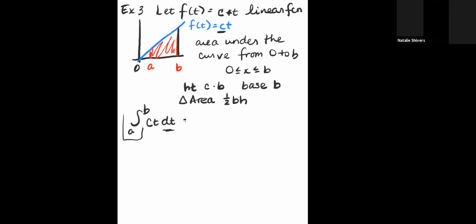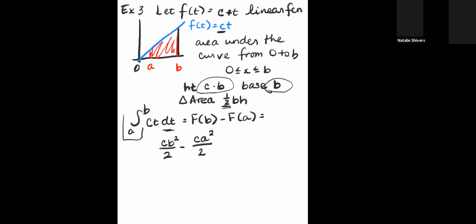Okay, we're still going to have f of B minus f of A equals, okay, so we're going to have CB squared over 2. So we're going to go back to this, CB times B, here's my over 2, minus CA squared over 2, which could be simplified to C times B squared minus A squared over 2. Look at that. That deals with the triangle over 2.